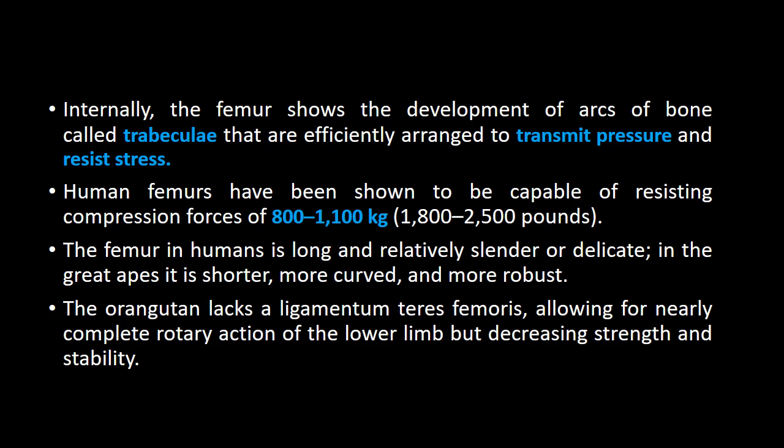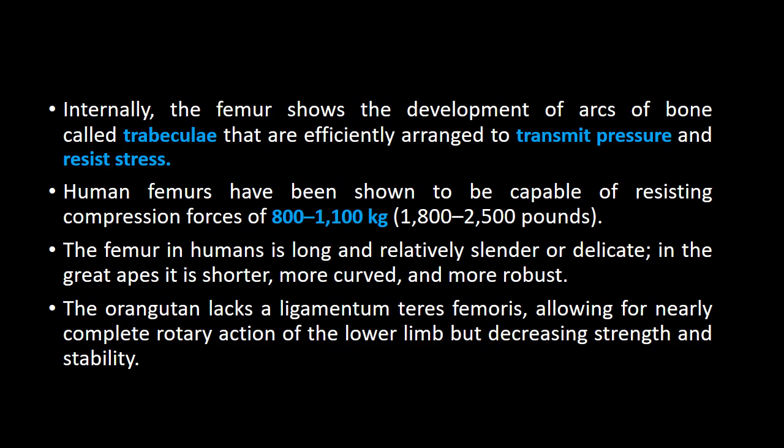Internally, the femur shows the development of arcs of bone called trabeculae that are efficiently arranged to transmit pressure and resist stress. Human femurs have been shown to be capable of resisting compression forces of 800 to 1100 kilograms.